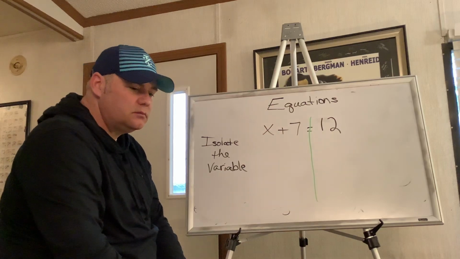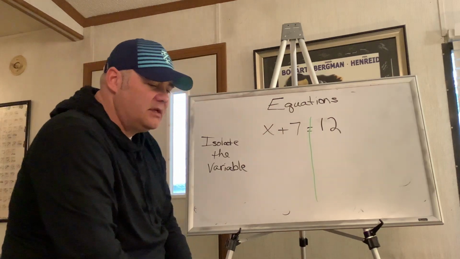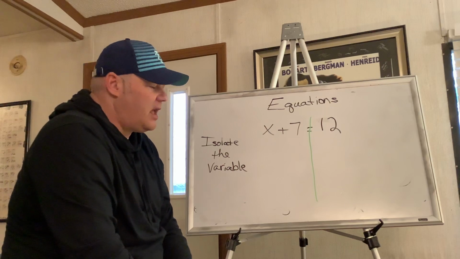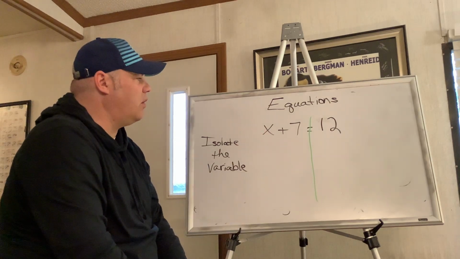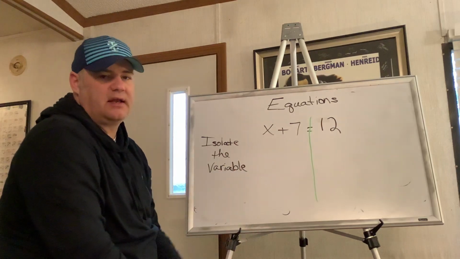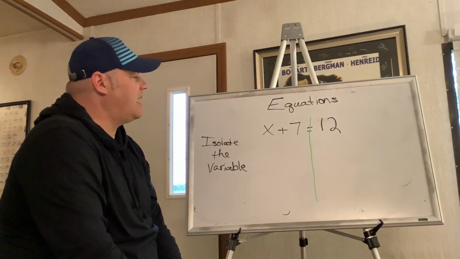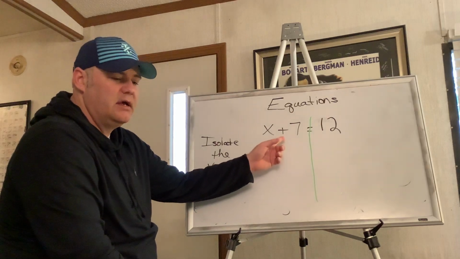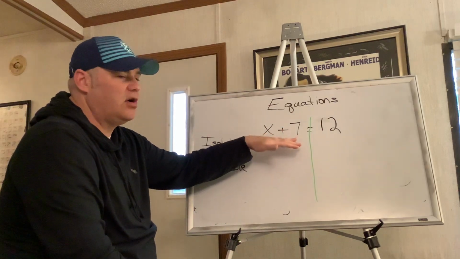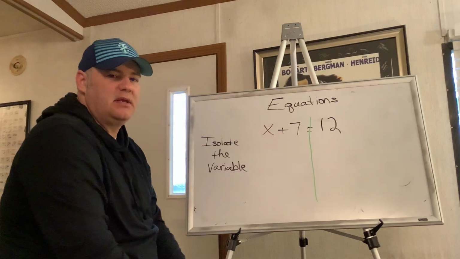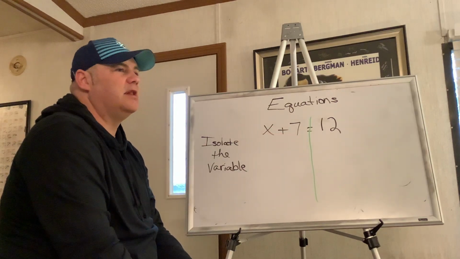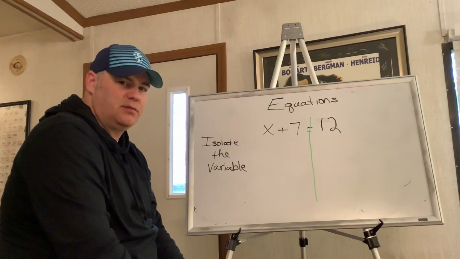Okay, now, to isolate it means we want to get it by itself, and so we want just this left at the end. So that's our goal, to have just this on the left side at the end. So that means in this case, we need to move this 7. We need to get this 7 gone. Well, when you're adding in something, in order for it to not be there, think to yourself, what's the only thing you can add to something and it not change it whatsoever?